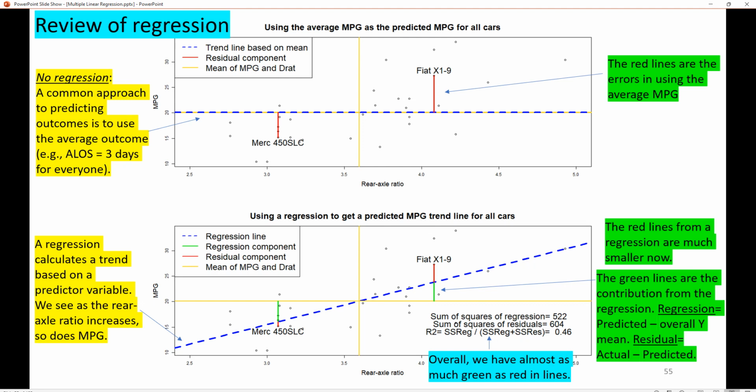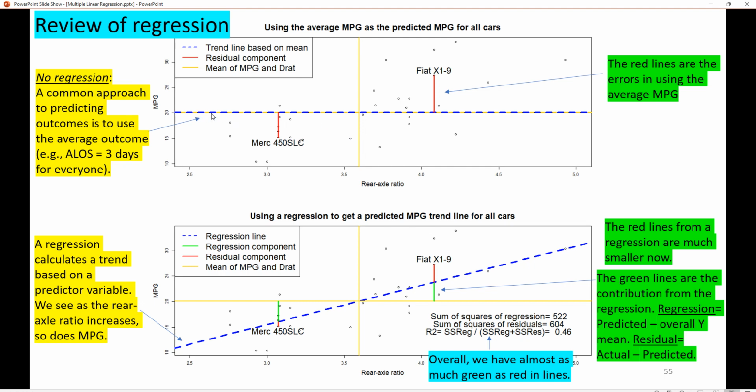So what that might look like with data, we have the miles per gallon on the y-axis, and we have it graphed by the rear axle ratio values for each car. And so what we do have with our gold lines, we have the average for the outcome for the miles per gallon and the outcome for the predictor rear axle ratio.